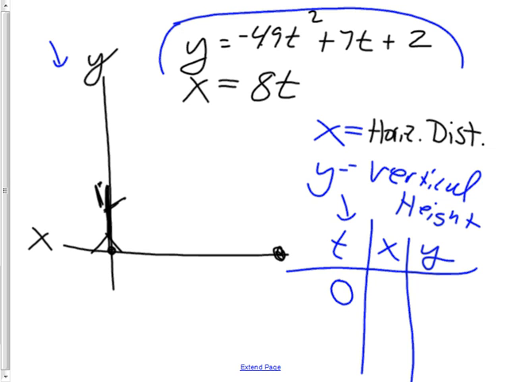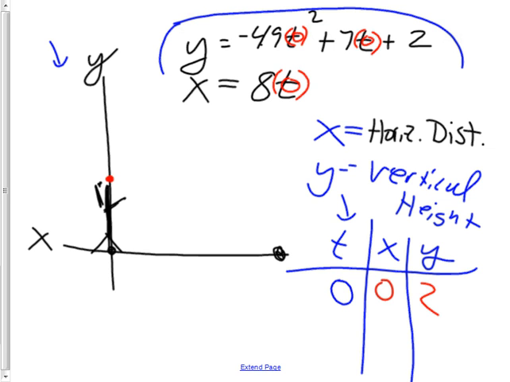So at time 0, I'm going to stick in a 0 here and here. And you'll have to use a calculator. Well, actually, you won't because zeros are so nice. What does y come out to be? 2. When I stick a 0 here, what does x come out to be? 0. 8 times 0 is 0. Now, does 0, 2 make sense? Why is x 0?